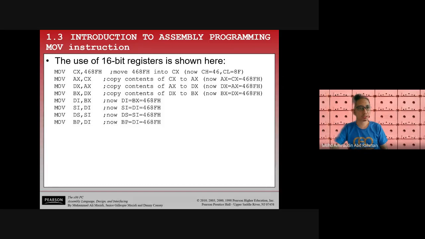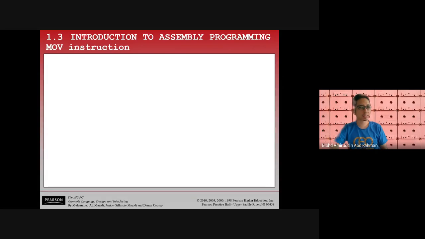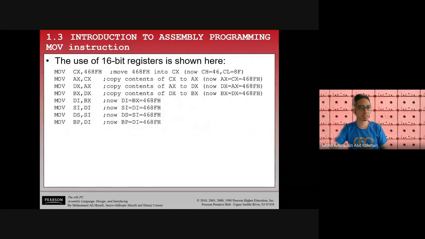So previously it was on the 8-bit registers. Now we look at the 16-bit registers, because the second letter mentions the number of bits for the register, which is 16.